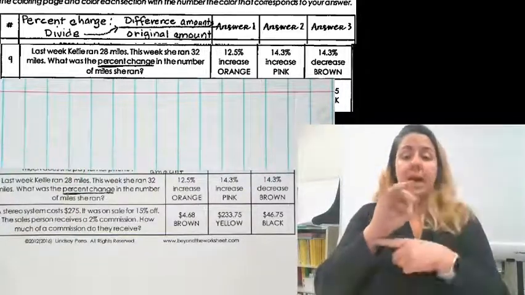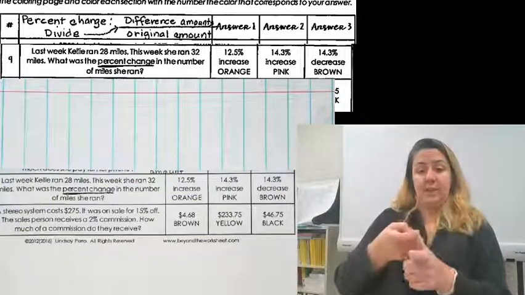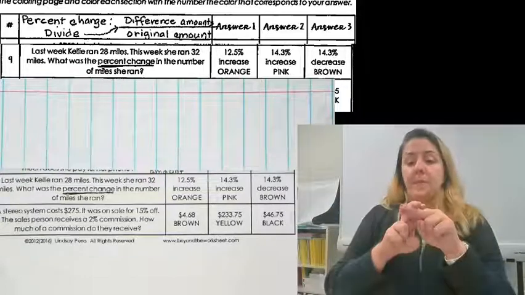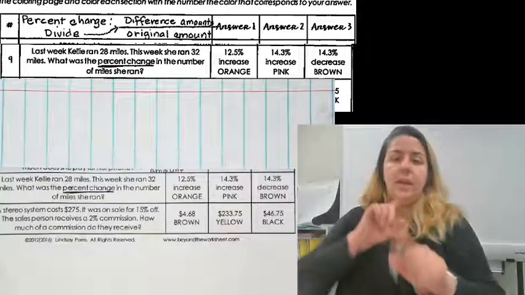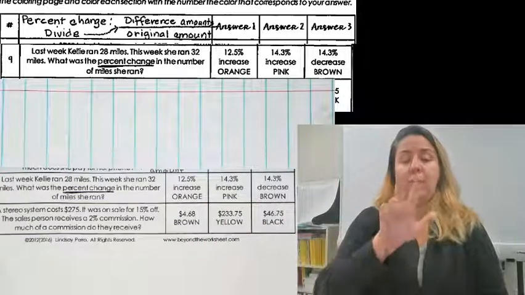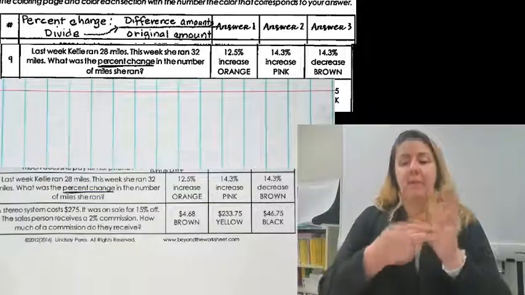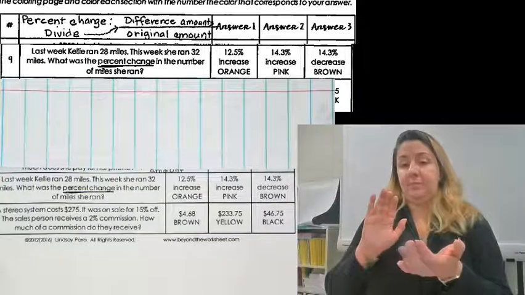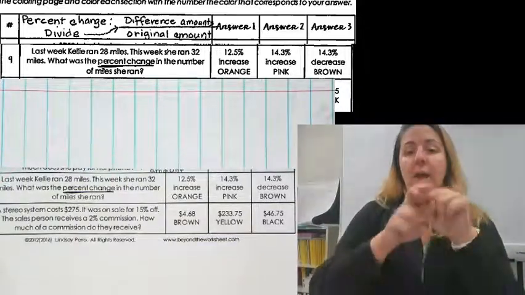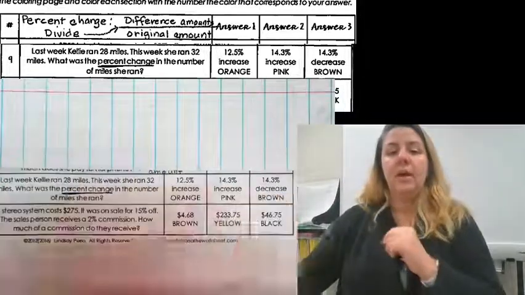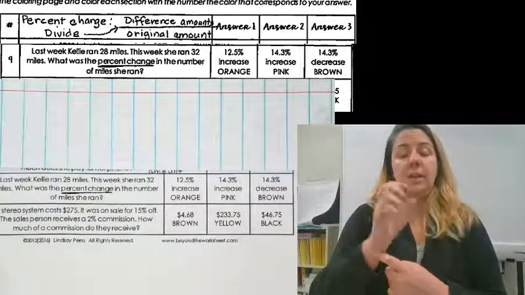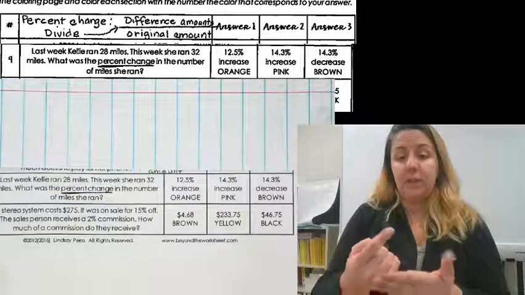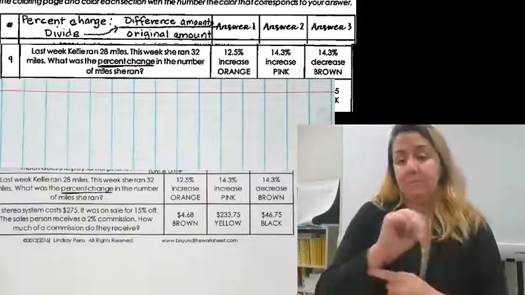The number of miles she ran from last week compared to this week went up. Answer 2 says 14.3% increase, meaning the number of miles she ran last week to this week went up. Answer 3 says 14.3% decrease, meaning this week she ran less miles.